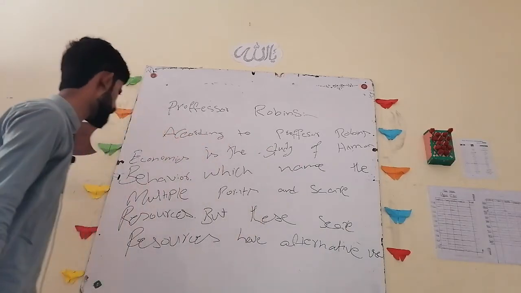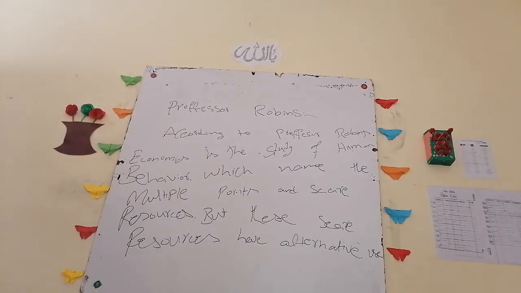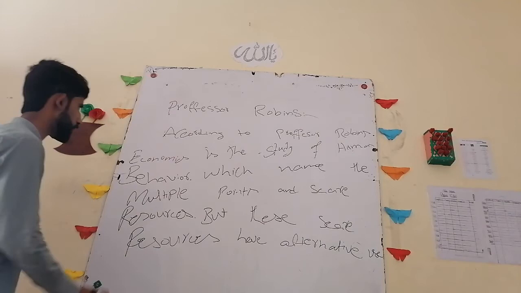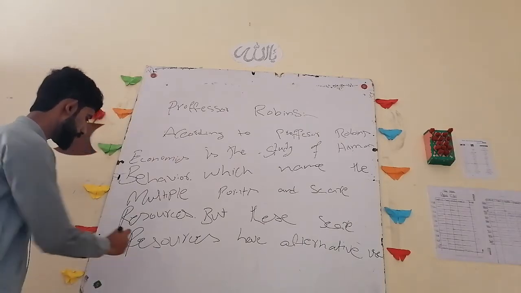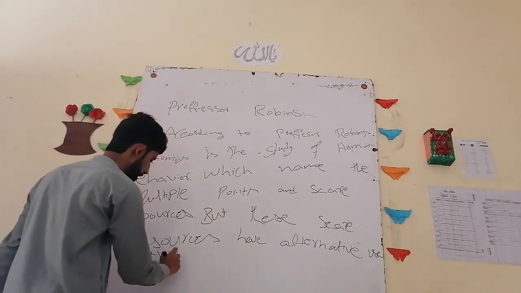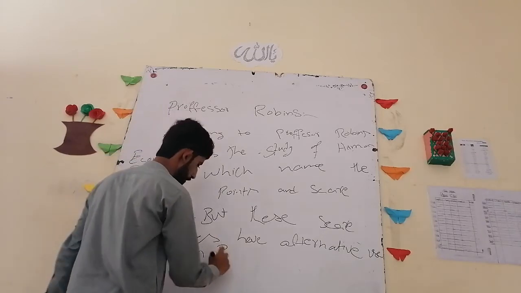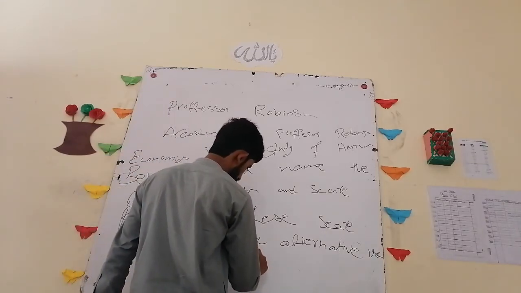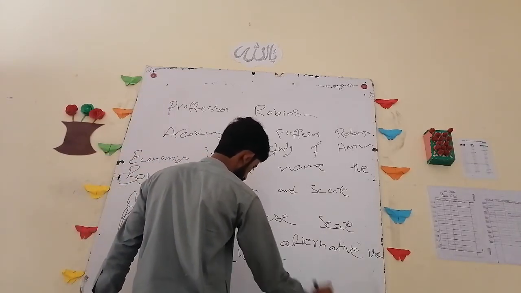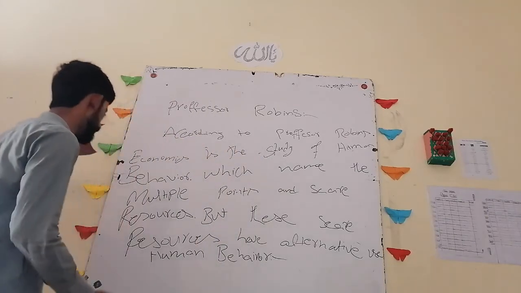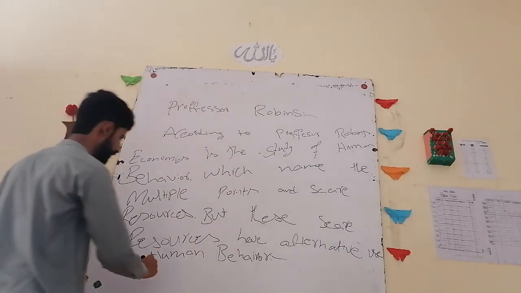There are four basic points in the definition of economics by Professor Robbins. Human behavior, point number one. Second point is multiple use.